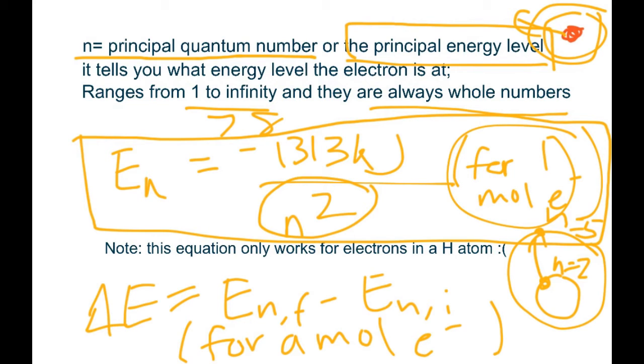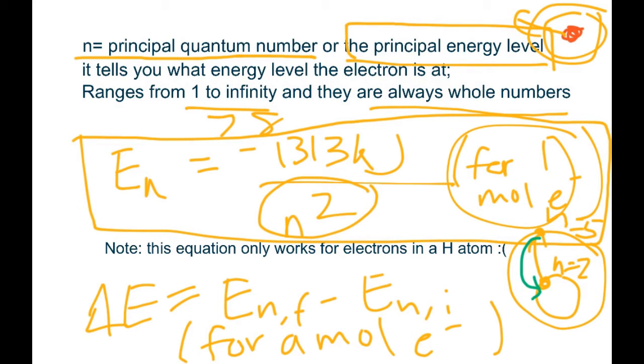Now, what if an electron went from a higher energy level to a lower energy level, such as from 5 to 2? Then it will go down in terms of energy, and it will lose energy, so the change in energy will be negative. In other words, the electron will be releasing energy in the process.